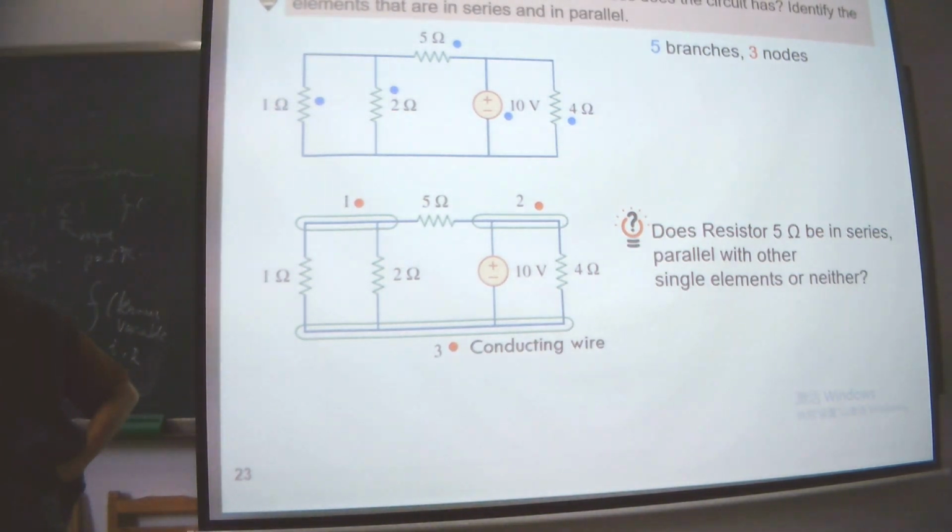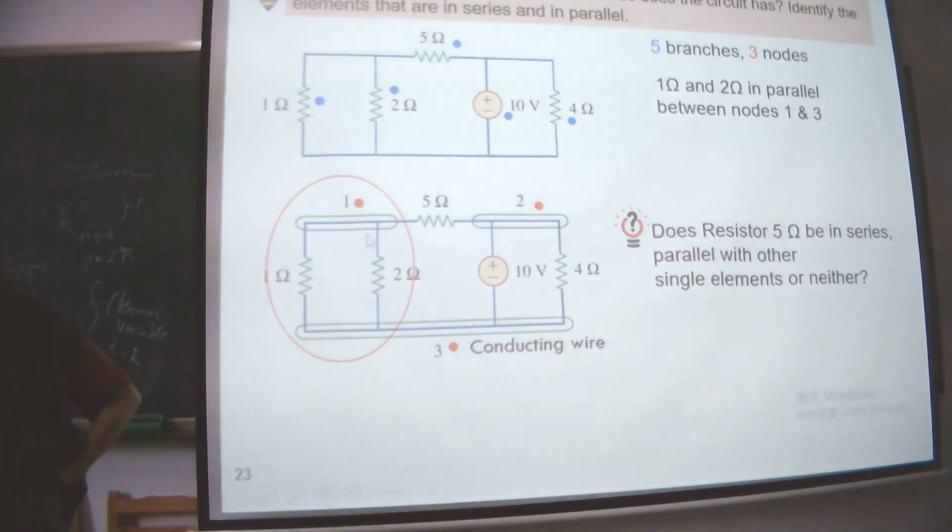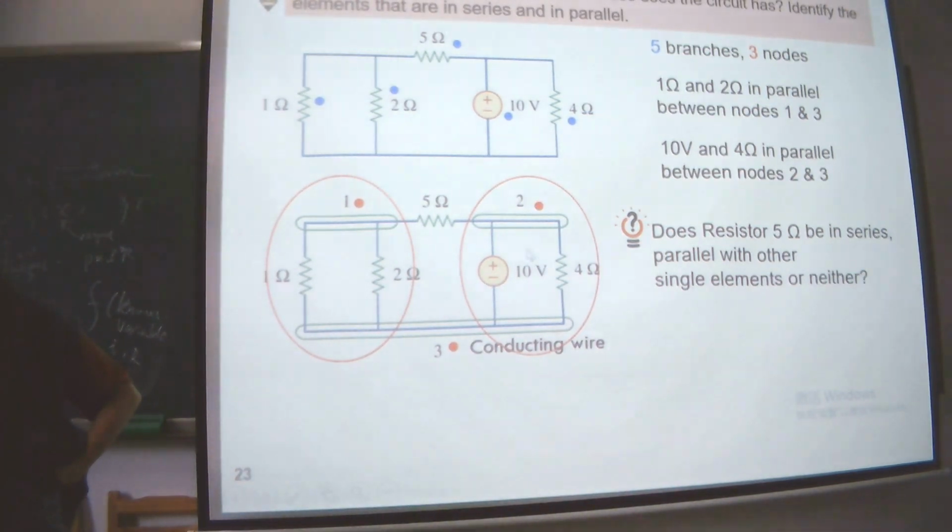This one has 5 branches and 3 nodes, right? So the 1 ohm and 2 ohm are in parallel between node 1 and node 3. And the 10 volt source and the 4 ohm resistance are in parallel between node 2 and node 3.